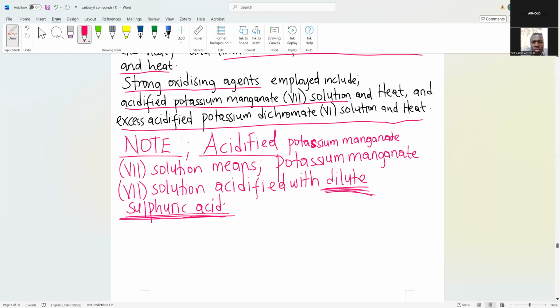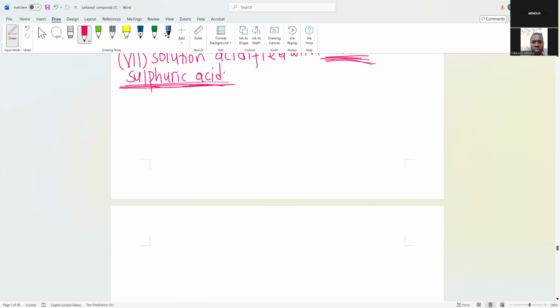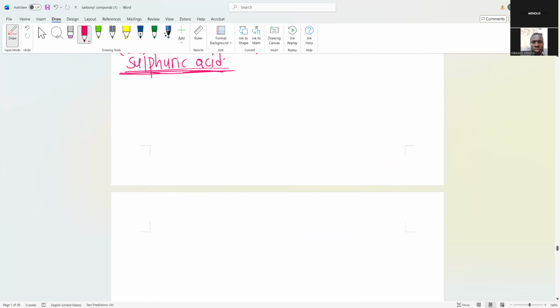Now I can work out my examples. So for mild oxidizing agents, what do we have? RCHO is oxidized to a carboxylic acid.